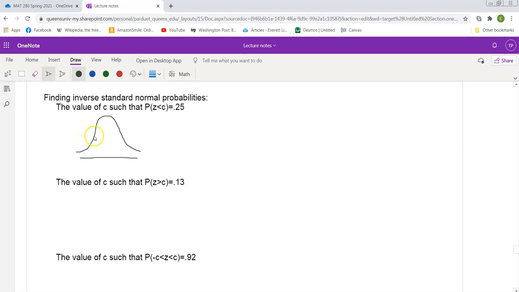And because this is less than half, half would be right here in the middle, it's got to be to the left of the middle. So that's telling us this area is going to be 0.25. So we just go to our table and we look up 0.25 in the middle and we find the closest value of z.